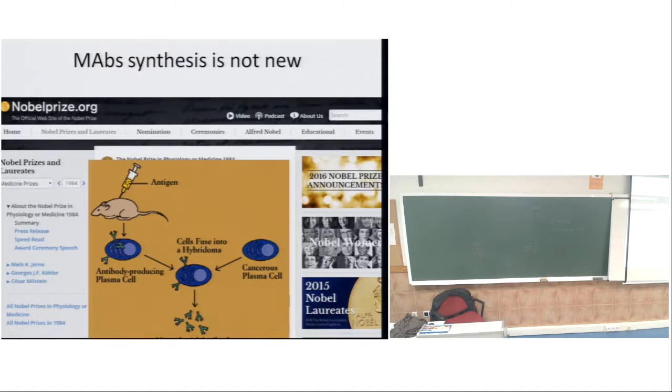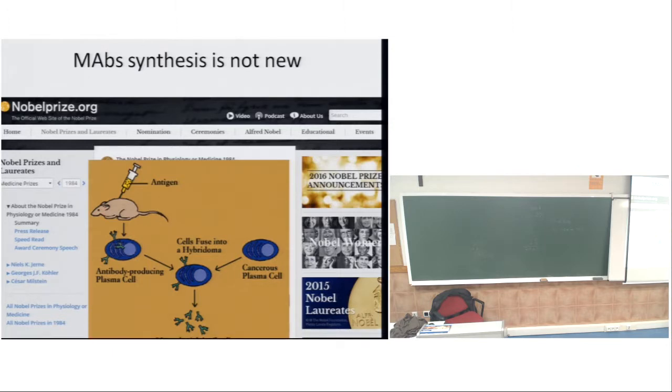The synthesis is not new either. It was in 1984 when the ones that discovered this way of synthesizing monoclonal antibodies won the Nobel Prize. So this is quite important. And how do they do it? Well, basically, if I want to target a specific antigen, let's say an altered molecule that is responsible for a disease.